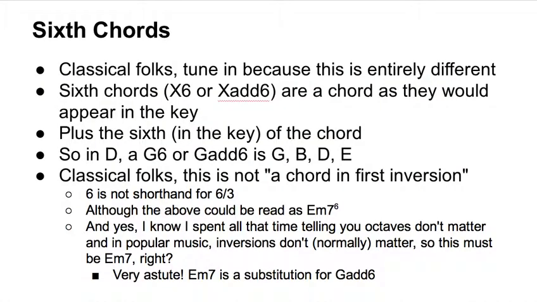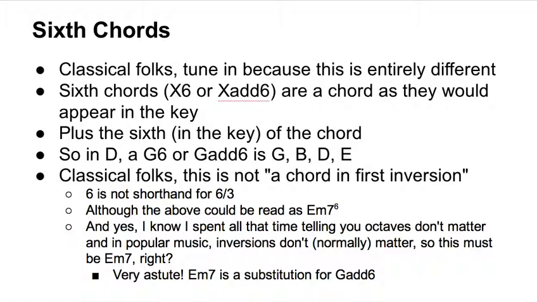Now sixth chords, and classical folks are really going to want to listen to this because we use the number 6 completely differently in classical music than we do in popular music. 6 chords, which would be written as, for example, E6 or E add 6, are basically a triad as they would normally be in the key.